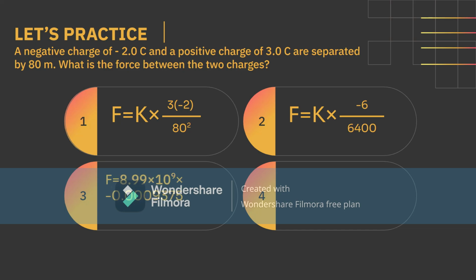If we perform the division, we are going to get a value of negative 0.0009375, which we are then going to multiply by 8.99 times 10 to the 9th power, Coulomb's constant. When we do that, what is the electrostatic force we're going to get? The electrostatic force between these two objects is going to be equal to negative 8,428,125 newtons. Did you get the correct answer?